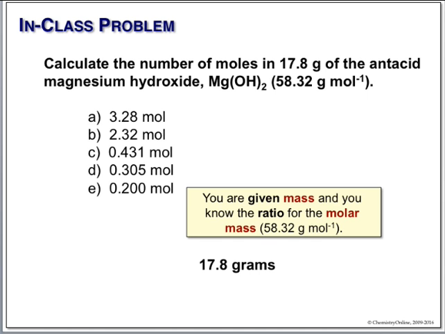When we set up this ratio, however, remember, because our given is grams, we need to flip this upside down. Grams needs to be in the denominator. So we'll write it this way. 1 mole is 58.32 grams. That way our grams are going to cancel. All we're going to do is divide our mass by our molar mass. And when we do that, we should get about 0.305 moles.